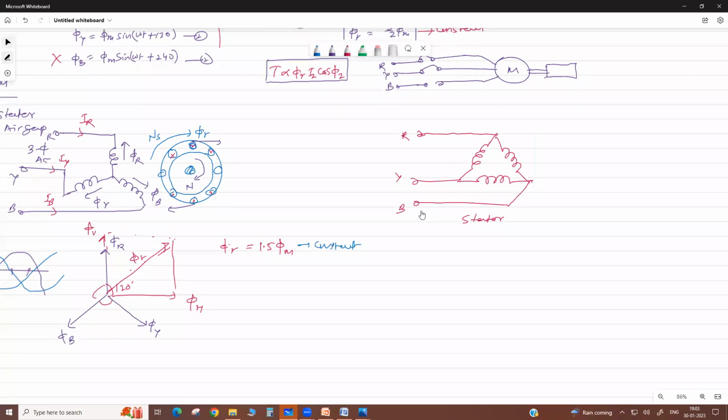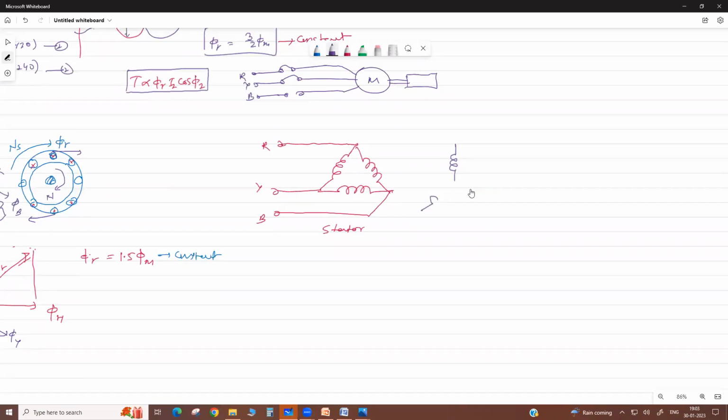This is the rotor of the wound rotor. On the same shaft, there are 3 slip rings.